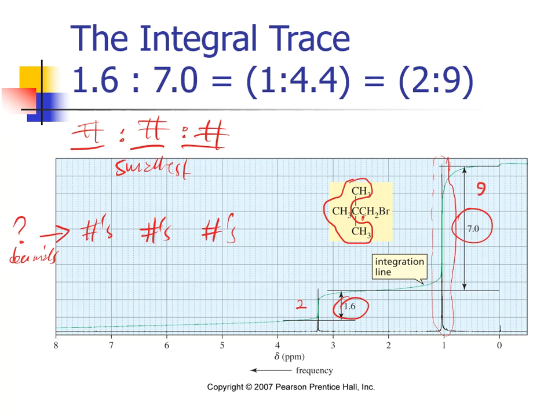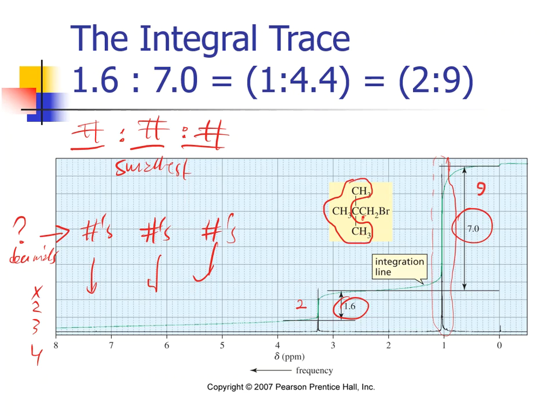And if they have decimals, you bring in multipliers, times 2, times 3, times 4, and you basically do the same thing that we did in the first example problem. No difference on how many that you have. If you've got 8 signals, you do it the same way. You take all 8 integration or integral trace numbers, and then you divide by the smallest, and then you multiply by something that gets them all close to a whole number, give or take a little bit. That's all that you have to do.